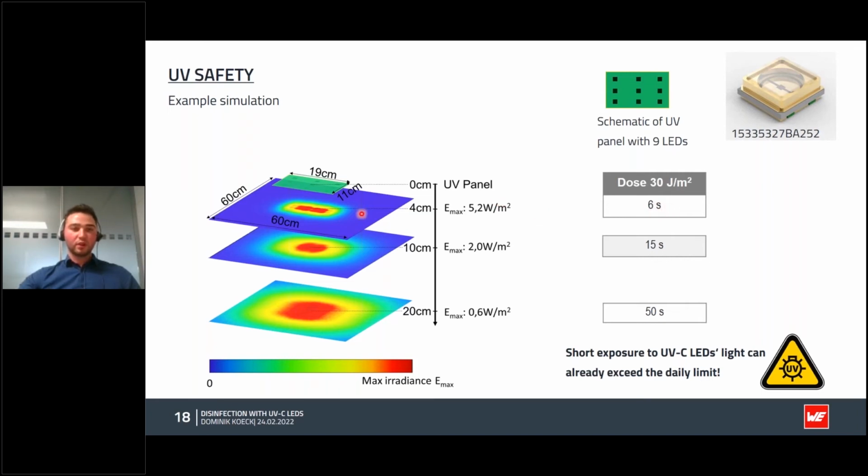And if you go even closer to the UV panel, you will get this maximum allowed dose within a second. So a really short exposure to those UVC LEDs can already exceed the daily limit, and it's dangerous. This is why you have to be really careful when working with UVC LEDs.